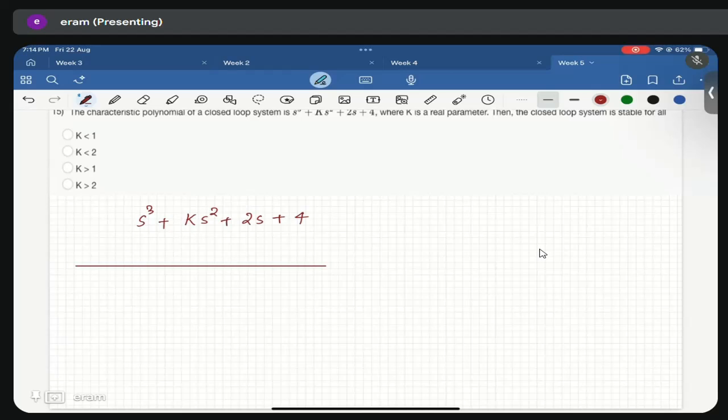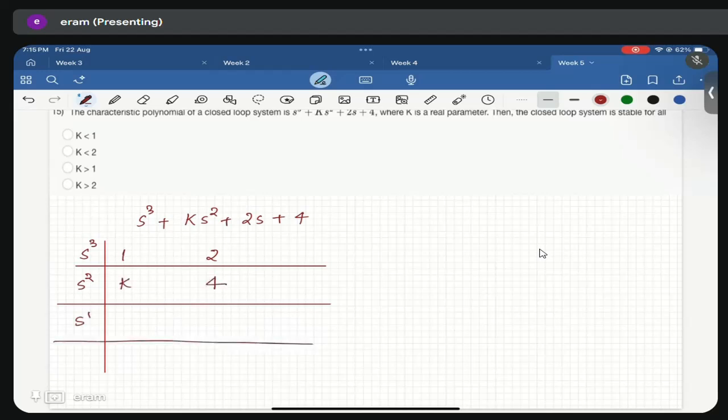For n greater than or equal to 3, we need to use the Routh table. This will be the Routh table.